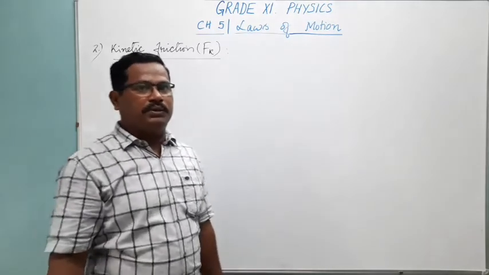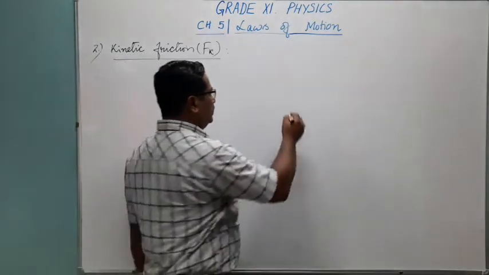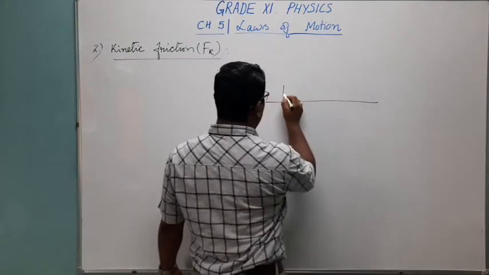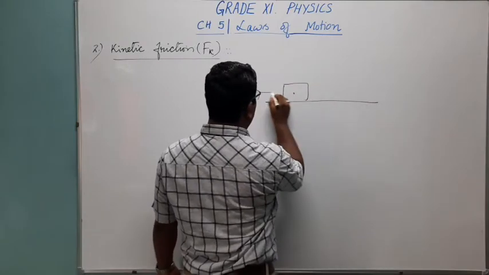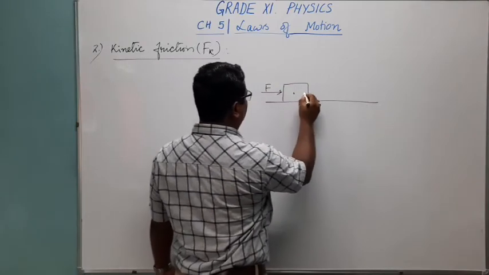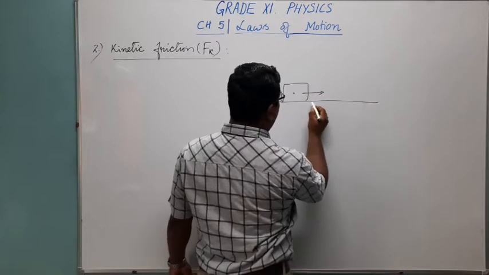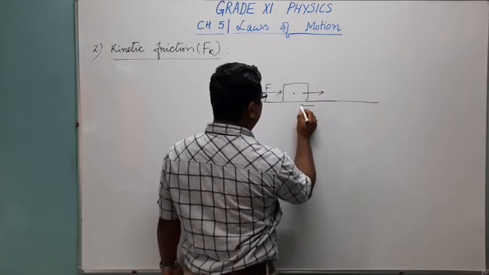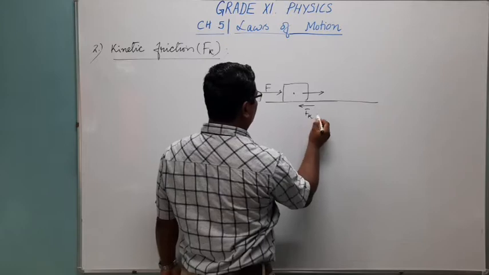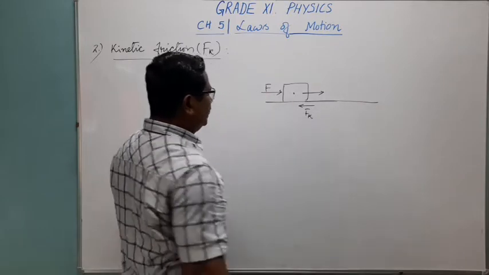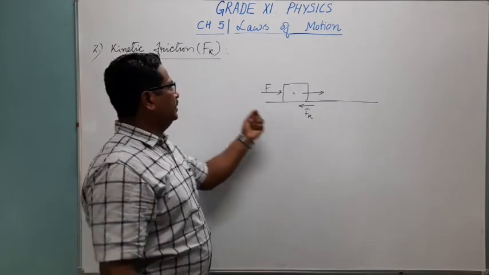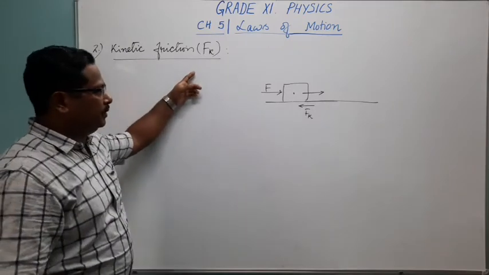When a body starts to move, suppose this is your body, applying force and started to move in this direction, and the friction provided by this surface in the opposite direction to the applied force, that force of friction we call kinetic friction.